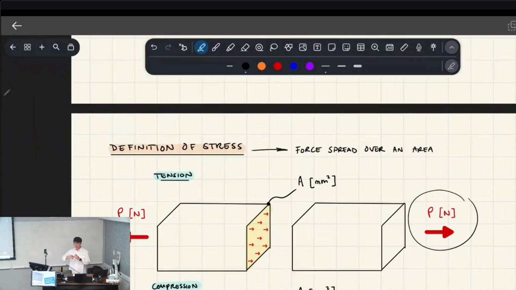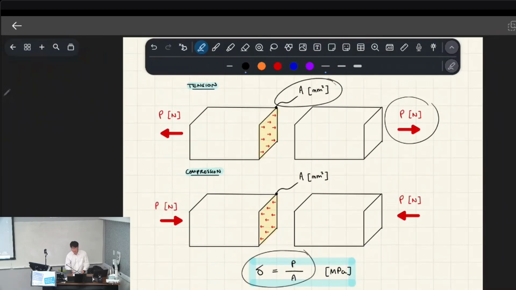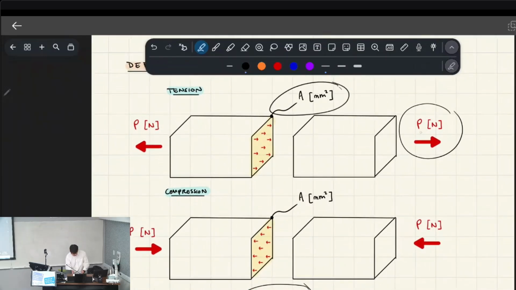P is the tension force. A is the cross-sectional area. As a result, we get a stress inside the material that develops. The formula for it is P divided by A.